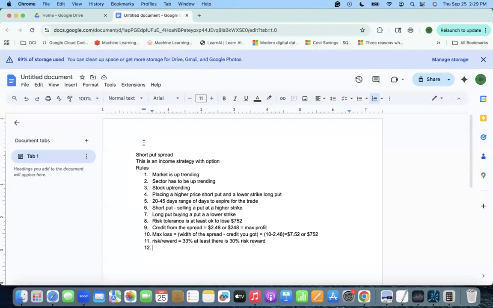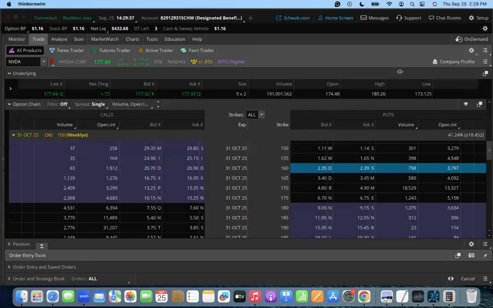But for the time being, I'm saying that delta is the change of the option price by the change of the underlying stock of $1, right? So if Nvidia moves up and down $1, how will the option price change? Right now you see the bid and ask of the option price, and there is this strike of Nvidia, and there is this current price of Nvidia.